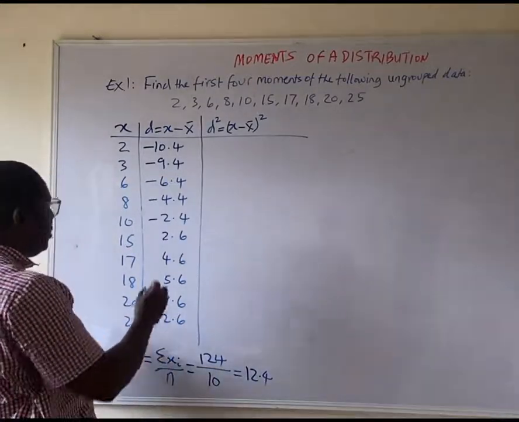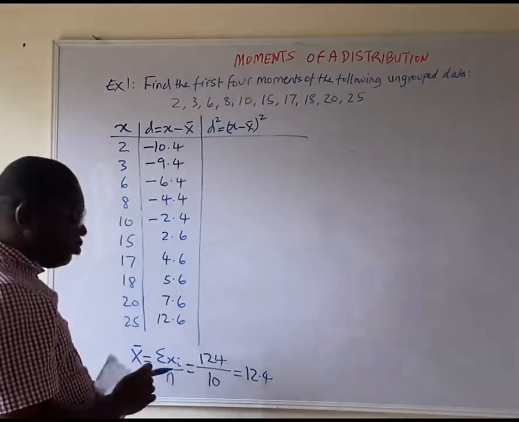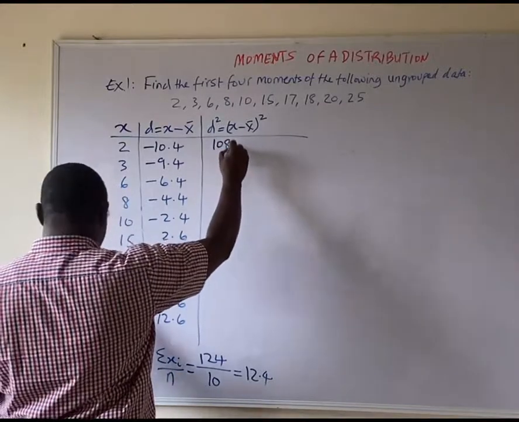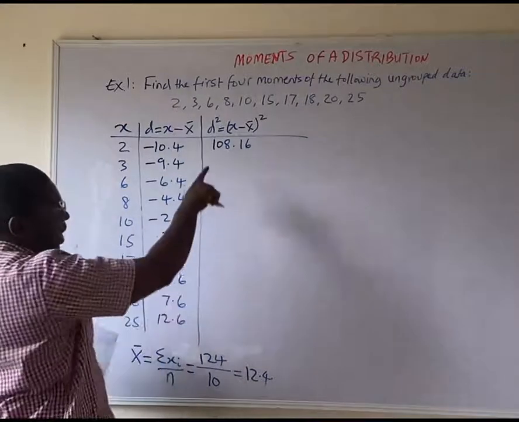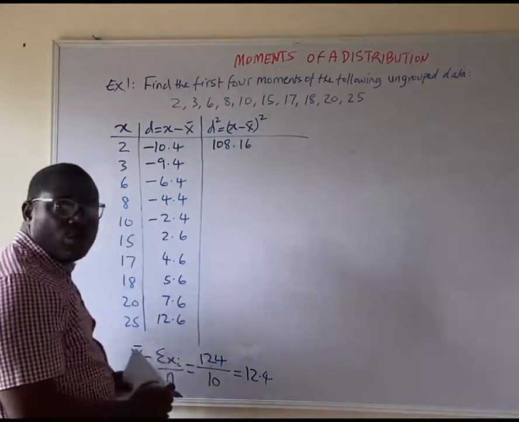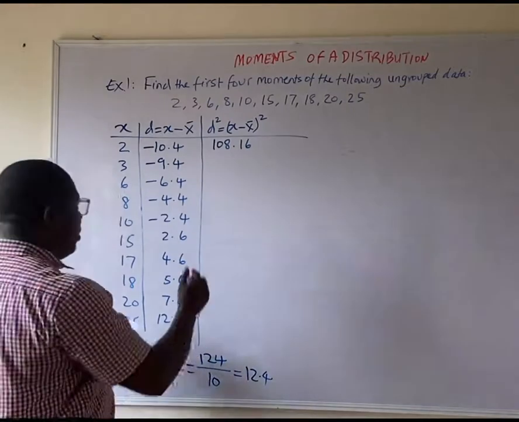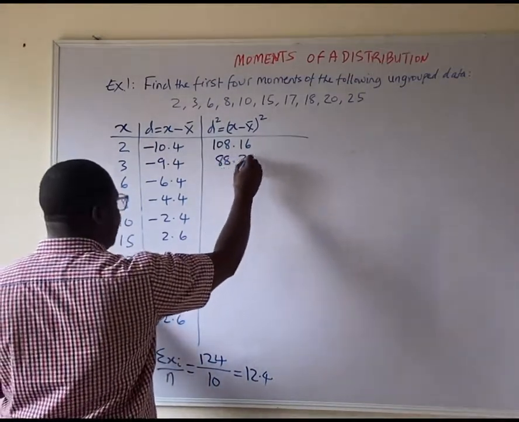If you square this, that's minus 10.4 raised to power 2, we're going to have 108.16. I'll supply the rest. Please do that at home as you're going along with me in these lectures. The next one is 88.36.